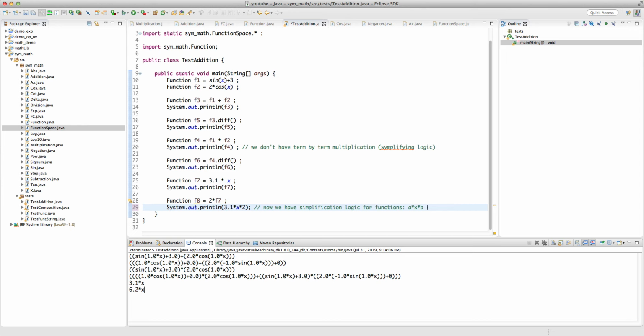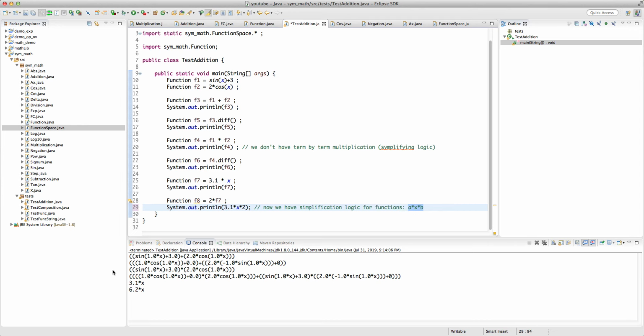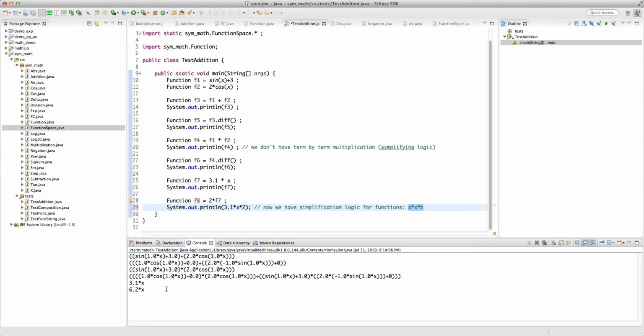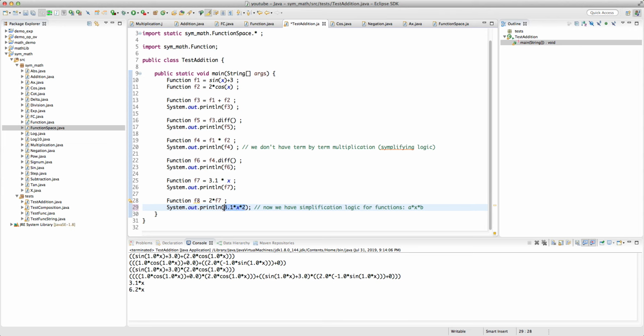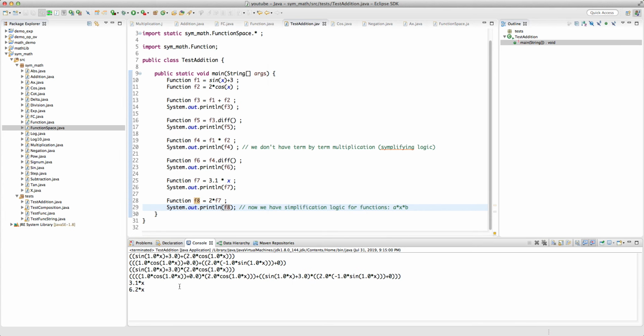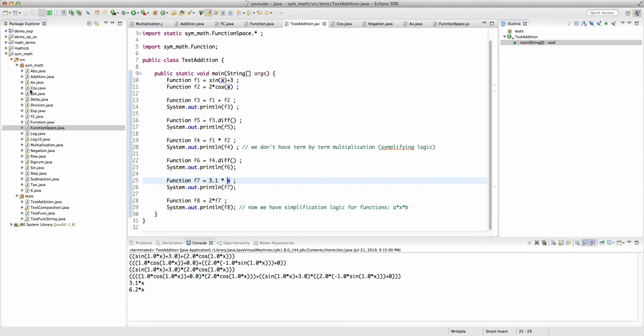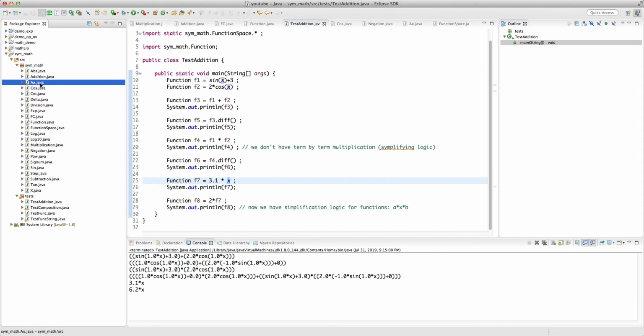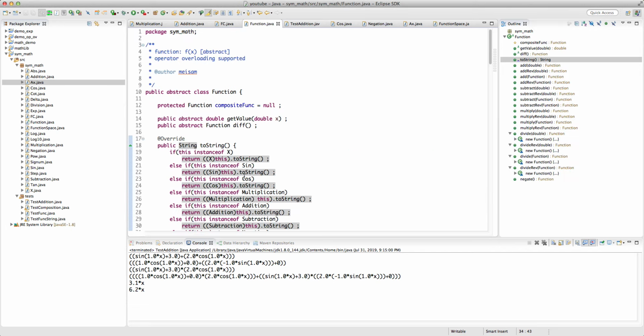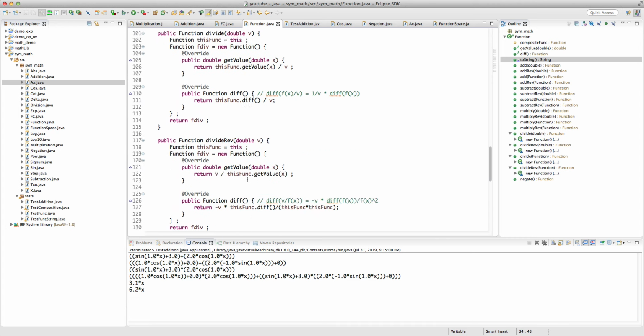Remember this simplification was only needed because of the string representation. So let's see if I put f8, it most likely still doesn't work. No, it works now, because now x is of type ax. When you multiply it by a number, it's still ax, and we implemented operator overloading for multiplication in the ax.